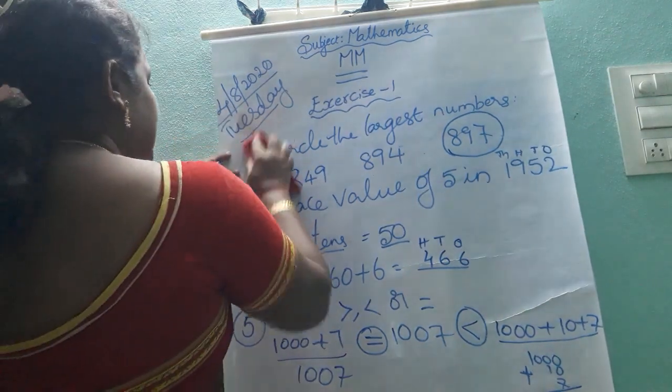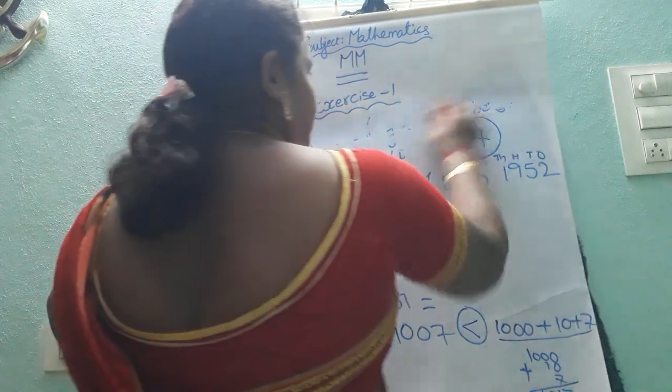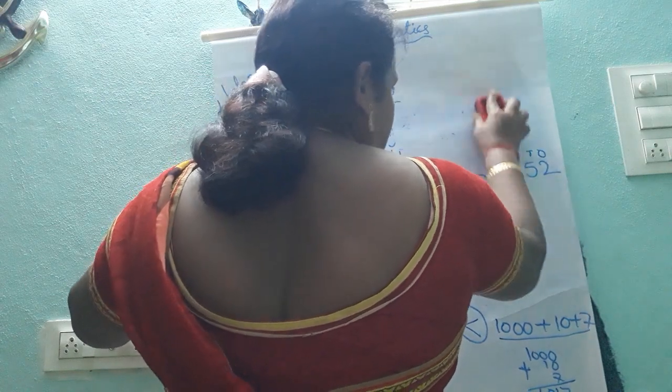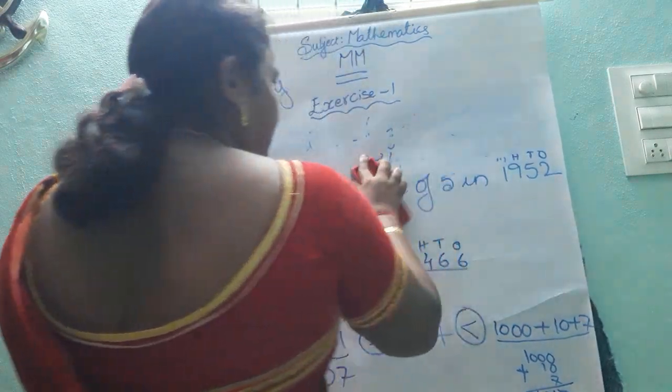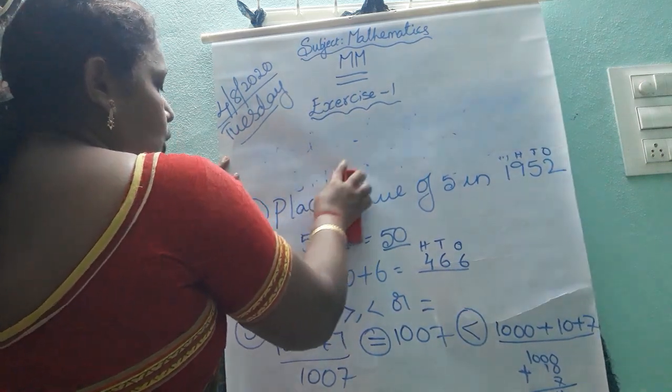Here they have given a missing number for us. Children, when I am saying, it is better for you to note down. Note down and revise once again all the exercises after the completion. Okay, children?